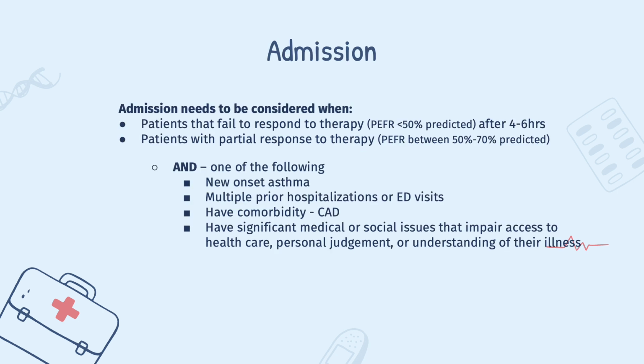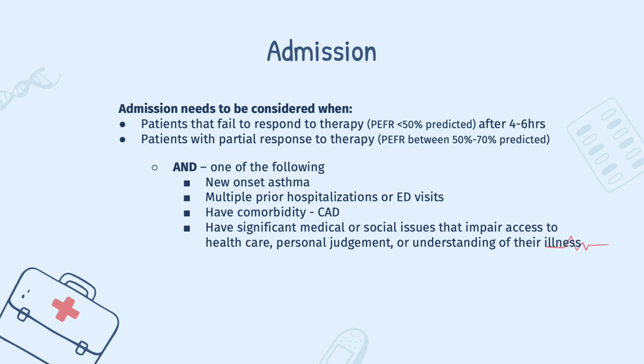We need to consider admission when our patients are failing to respond to therapy after 4 to 6 hours, or if they're having a partial response to therapy and one of the following. So, do we have a new asthmatic? We don't really know what their story is or how they respond.